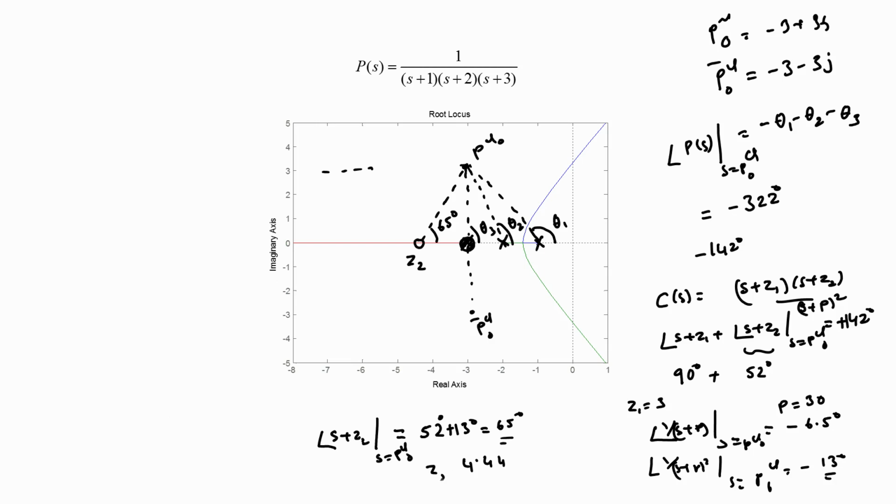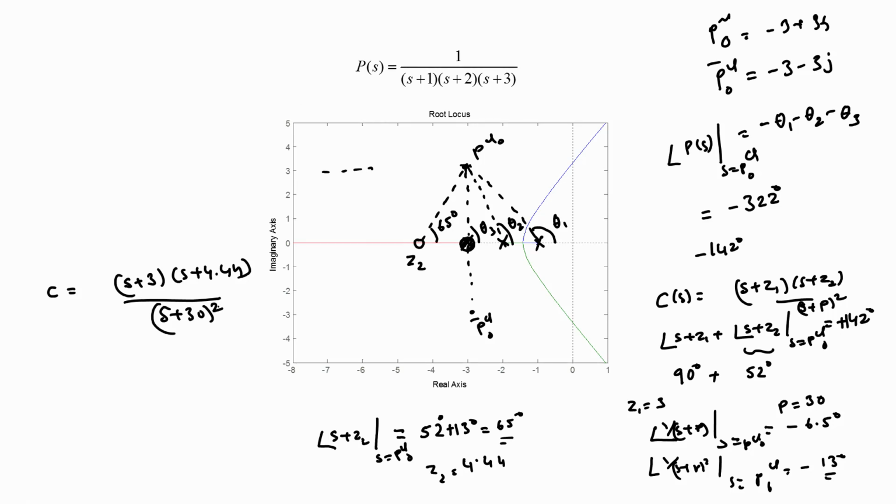So Z2 has to be equal to 4.44, or the zero has to be placed at S is equal to minus 4.44 for the angle subtended by that zero at the point PCL naught to be equal to 65 degrees. So our tentative controller therefore is going to be of the form S plus 3 times S plus 4.44 divided by S plus 30 the whole square.